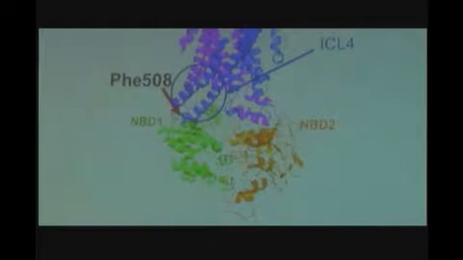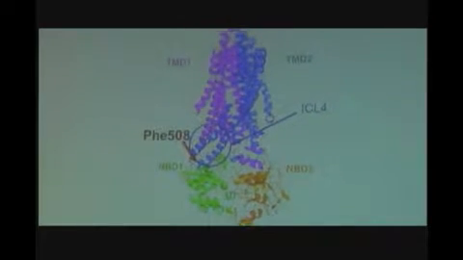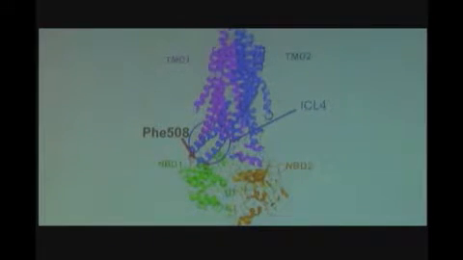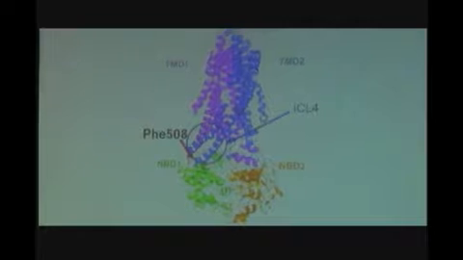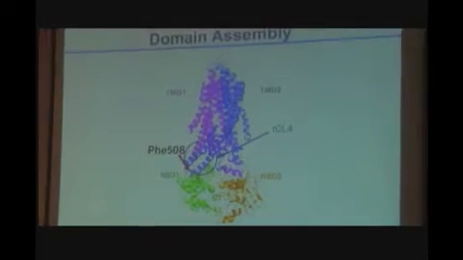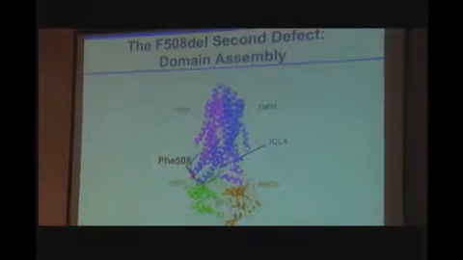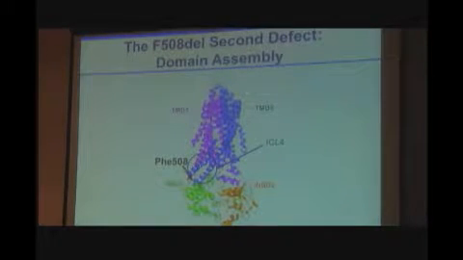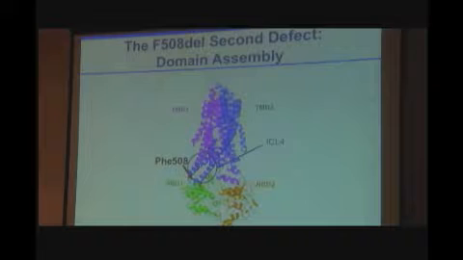In addition, there are people using strategies to improve the way the gate engine communicates with the pore, to improve the interaction between those two, because phenylalanine 508 sits right in the junction between those two places.